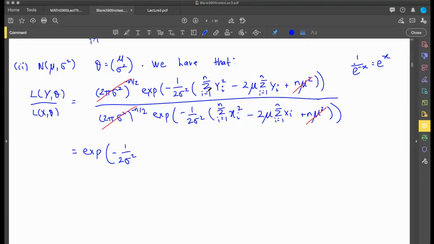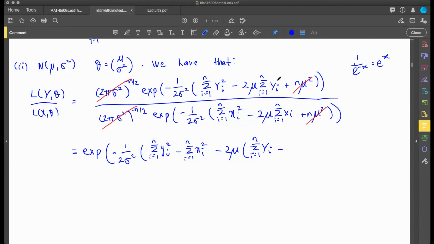So what do I have? I'll have the sum of the y squareds first. And then this one, because it's going to the top, will now be minus. So minus the sum from i equal 1 to n of xi squared. Minus 2 mu into the sum of the yi's.